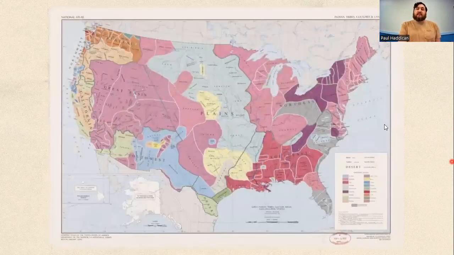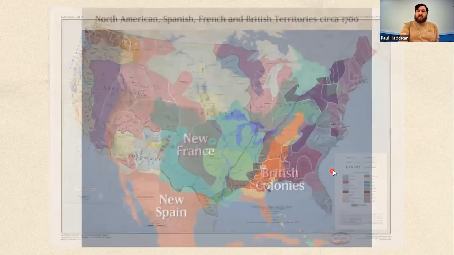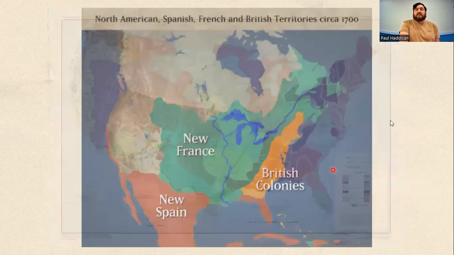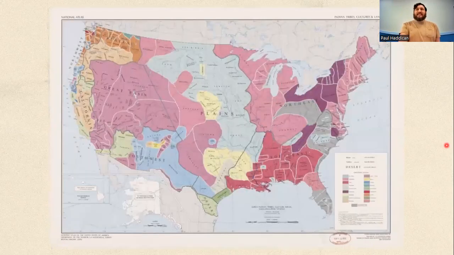Just to give you a perspective, this is that same map. So if we look here, we've got New Spain, New France, and the British colonies. This is another map of the United States here, modern day. Each color is a different Native American society that existed here prior to and during the colonization efforts from Europe. So when we talk about New Spain, New France, and the British colonies, we have to keep in mind that they are literally on top of land that was already inhabited by other people, cultures, and societies, right?